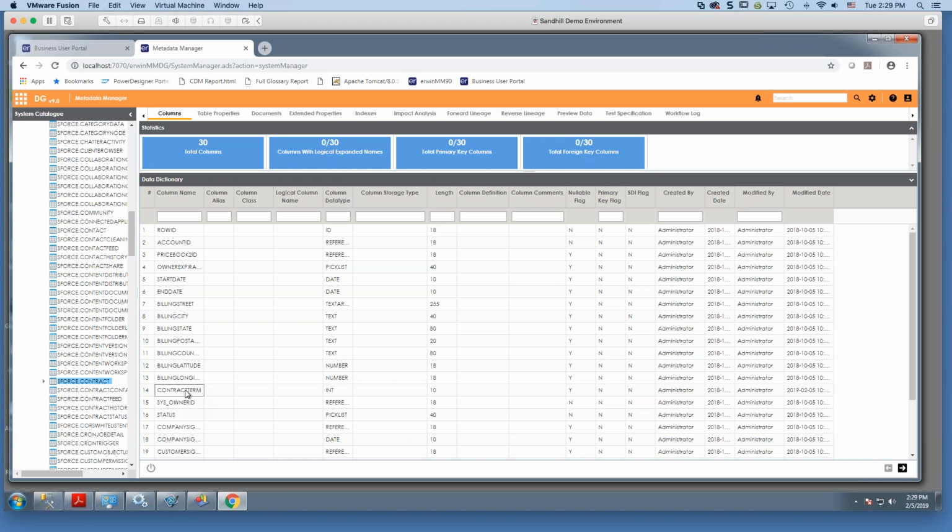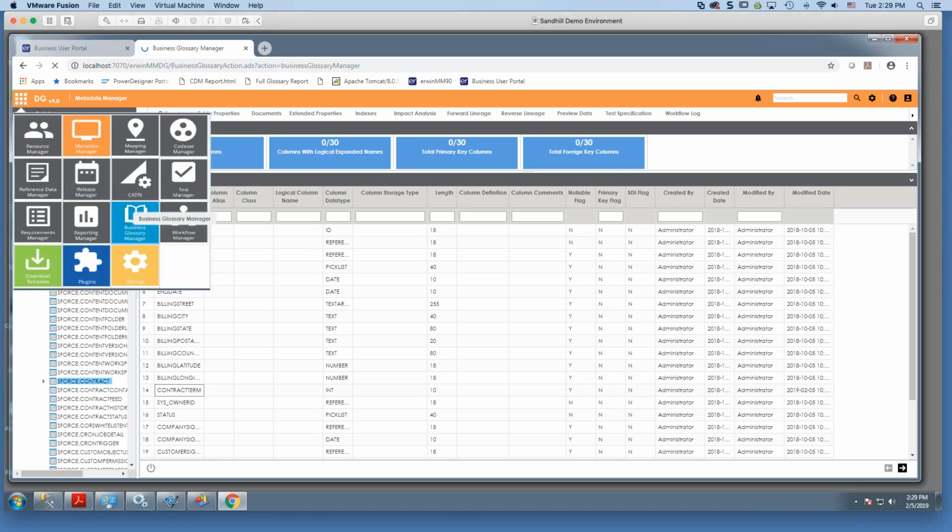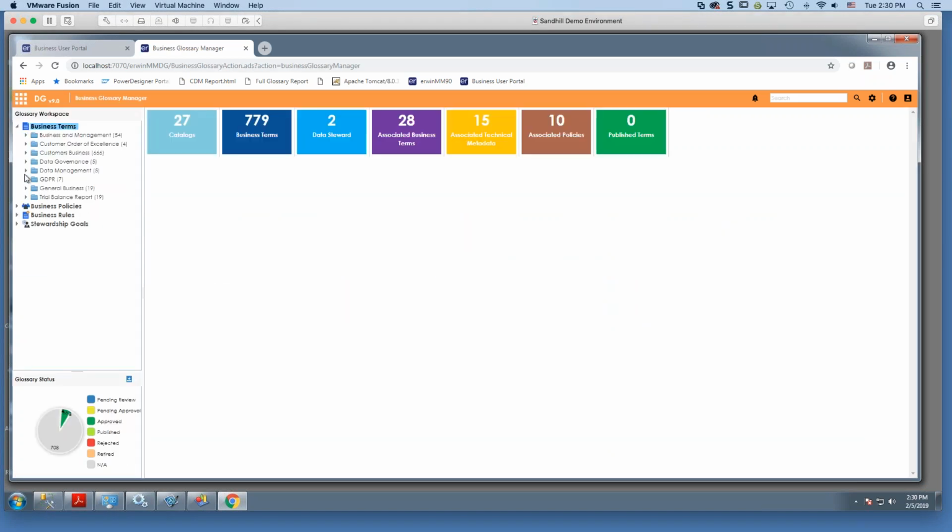So this helps me understand specifically where that information comes from. Now let's go back into the Glossary Manager here and look at our general business information here and our orders.